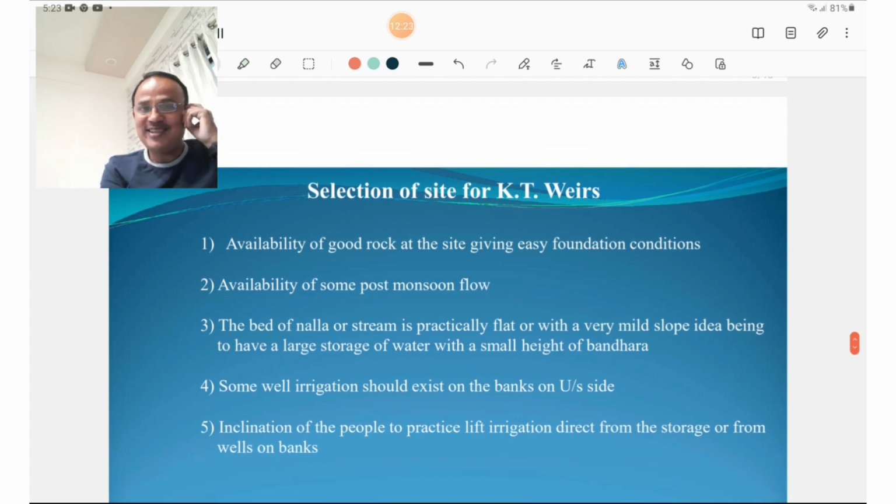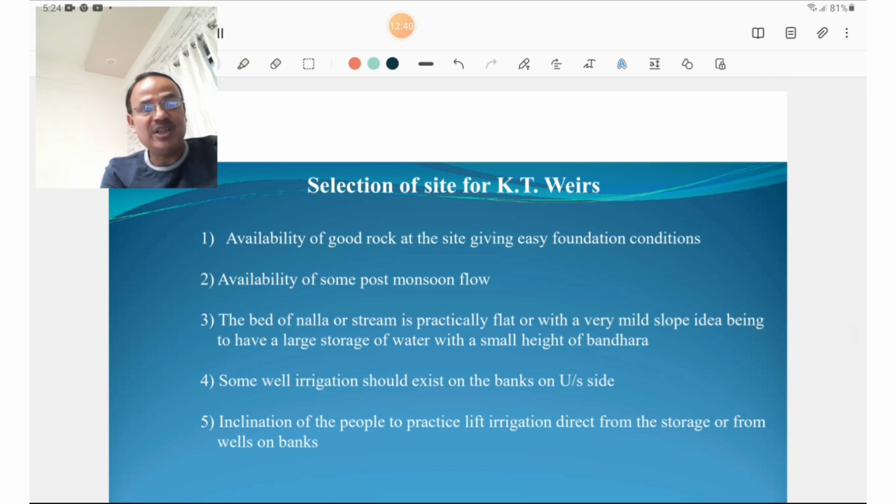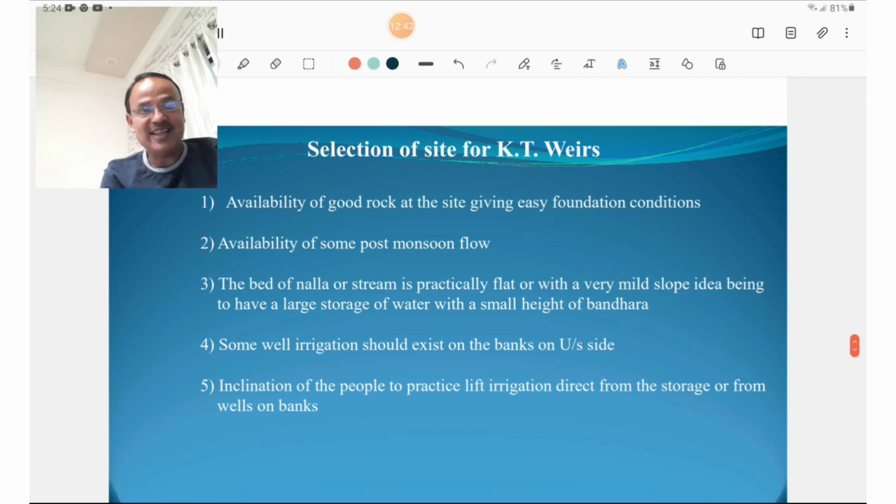Then we are going to discuss the selection of site for KT weirs, how the site for a KT weir is selected. First, availability of good rock at the site giving easy foundation condition is important, because we have to construct the abutments and piers. Availability of past monsoon flow data must be with us to design and select the site. The bed of the nala or stream is practically flat or with very mild slope, to have large storage of water with small height of bandhara. So the bandhara height should be such that we don't need more height, but we can store more water.